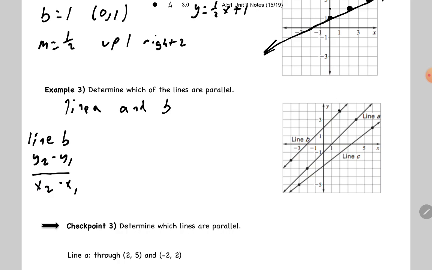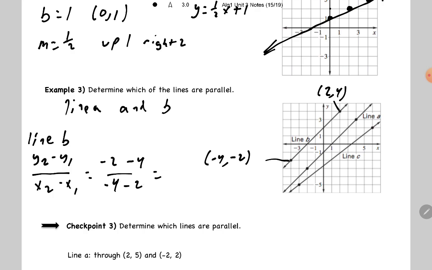So here, this point is 2, comma 4. And then this point is negative 4, comma negative 2. Okay, and then y2 minus y1, so I'm going to have negative 2 minus 4 over negative 4 minus 2.